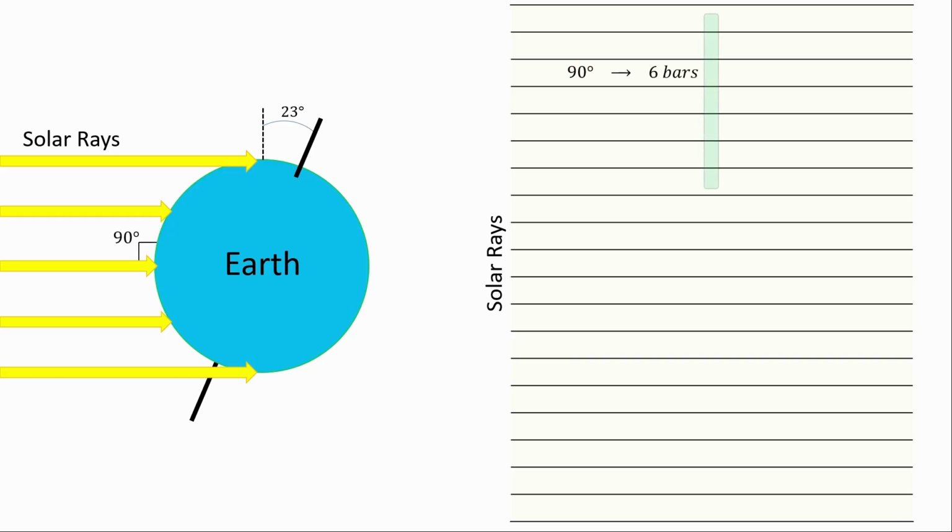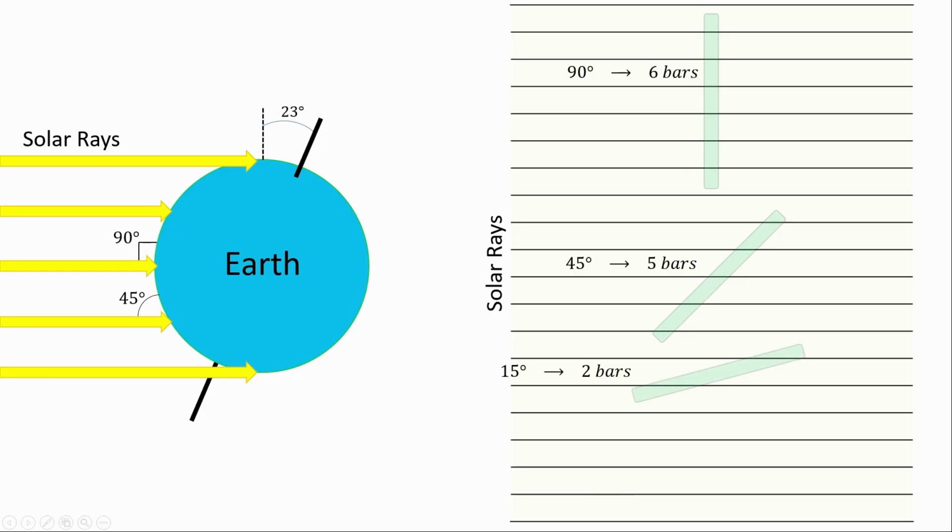So if we put something in there that looks like this, that has a certain surface area here, we can see that at 90 degrees, this is going to be intersecting 6 of these bars here. But if we look at it for something at 45 degrees, now it's tilted, so only 5 of these bars are actually intersecting it. So that means that at 45 degrees, we are getting less of this solar flux than what we get at 90 degrees.